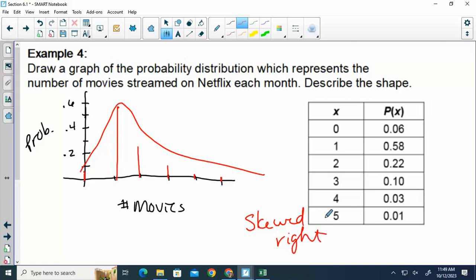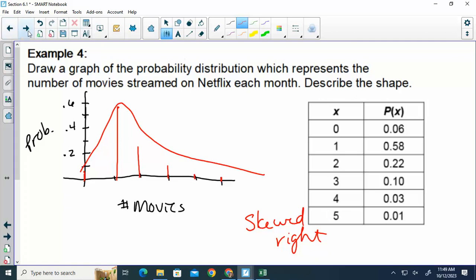So we can still talk about shape when we're looking at probabilities. Is that okay?